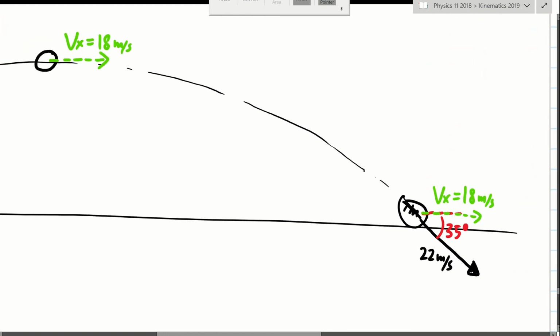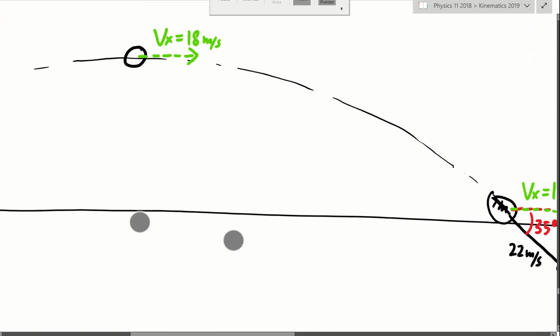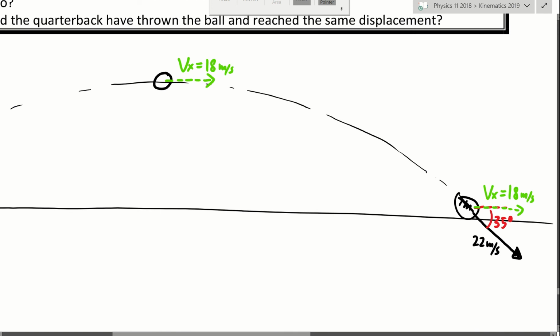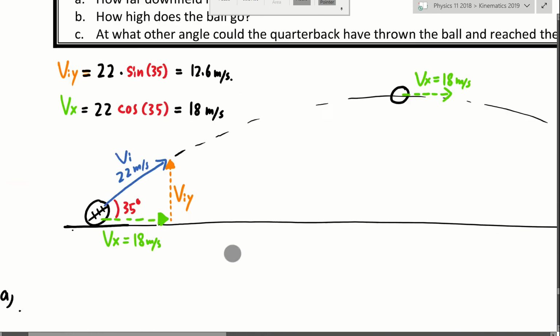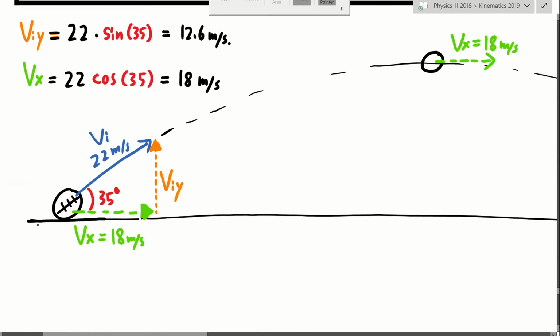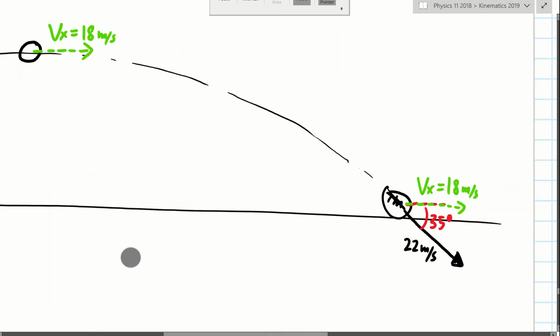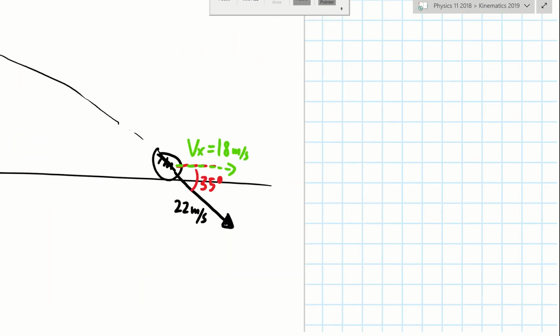Okay, your y speed might be different. So for example, in this case, your initial y speed is 12.6 meters per second. But what is your final y speed? So we go to the other side, at the end.